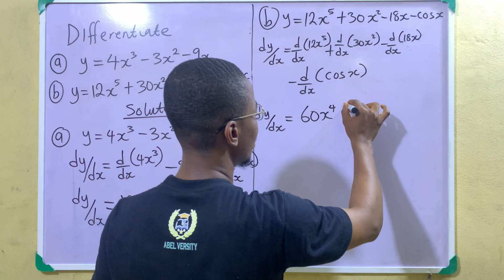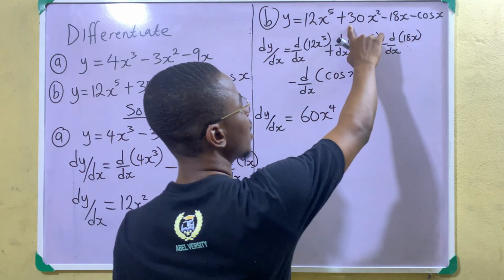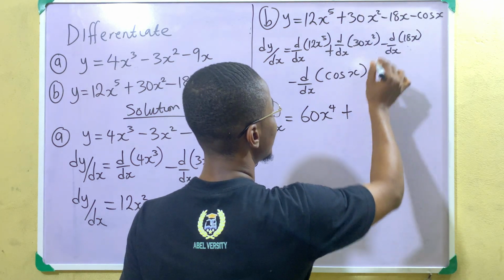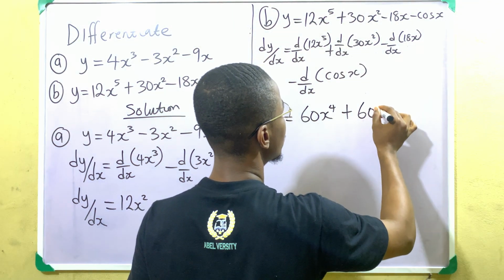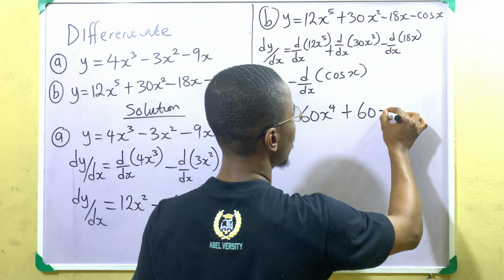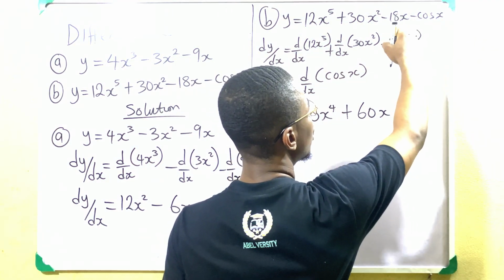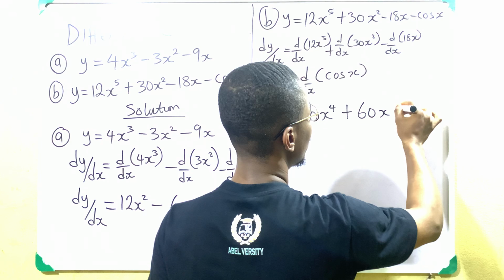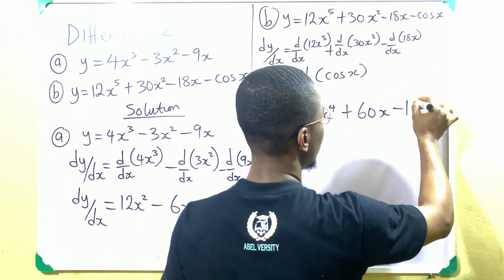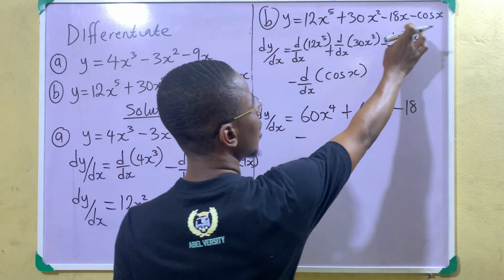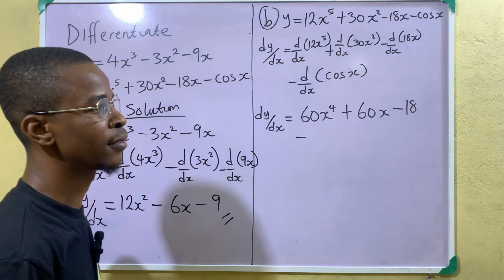Then we put our plus sign. Let's differentiate 30x to the power 2. These 2 will come down to multiply this to give us 60x. We know that the coefficient and just x is going to be the coefficient, which is 18. Then we have here minus already standing outside.